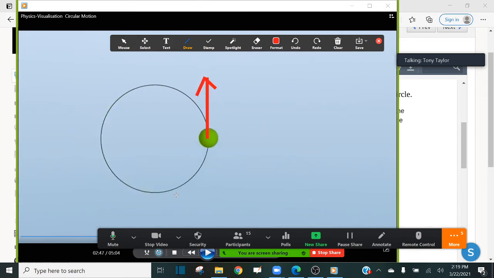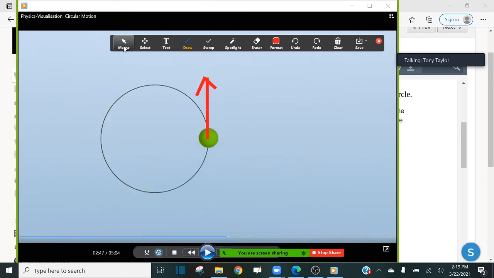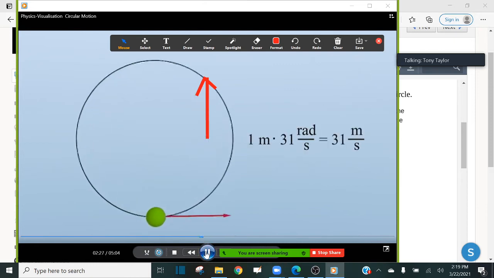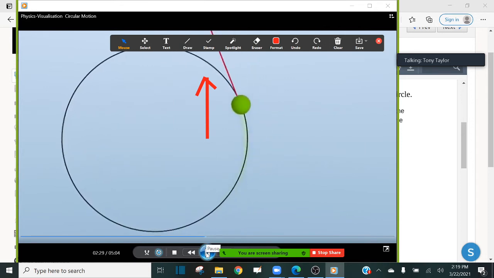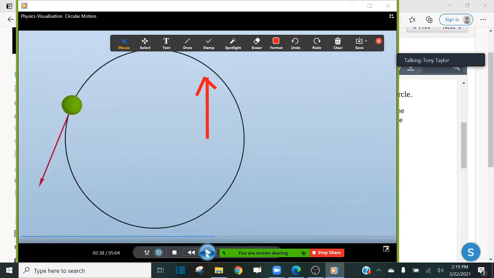Guys, what about this situation right here? Question: what if I decide to turn off gravity while the object is right here? What's going to happen then?